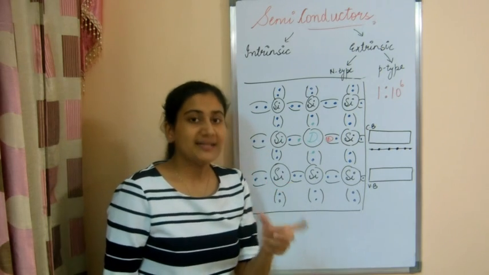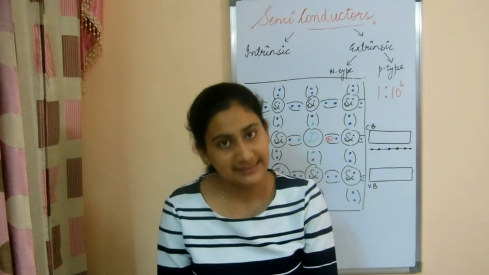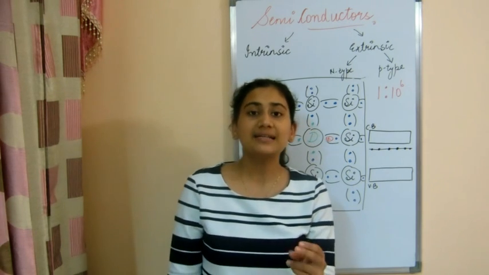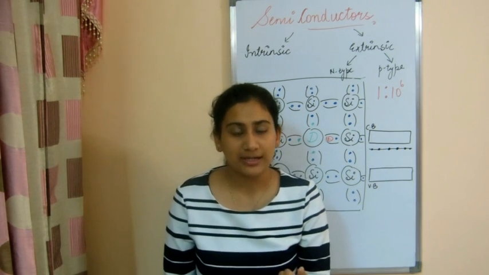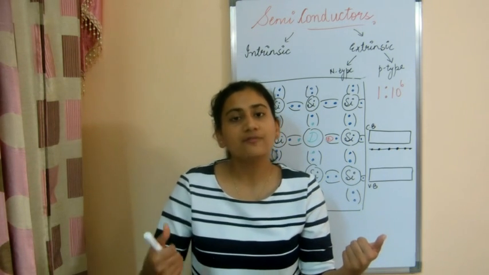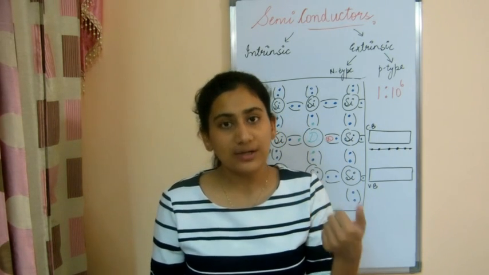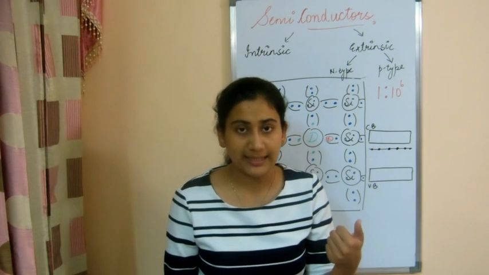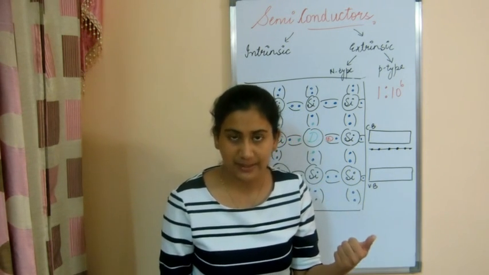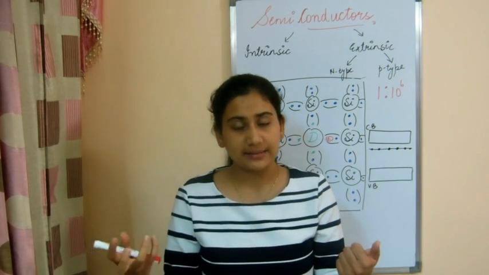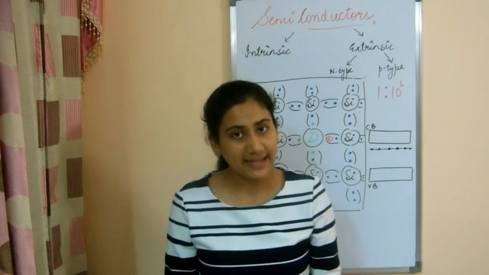So we got to know that extrinsic semiconductors are formed from intrinsic semiconductors only, but they can be formed in 2 ways: either by adding an impurity with 1 more electron or with 1 less electron. If we add an atom with 1 more electron, that is a pentavalent impurity, the extrinsic semiconductor formed will be N-type, and if we add an atom with 3 valence electrons, the semiconductor formed will be P-type.